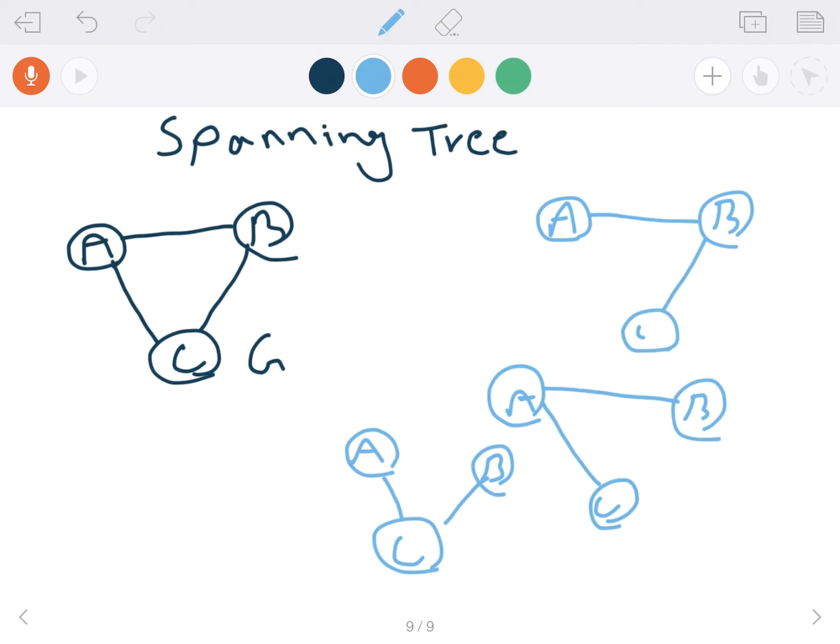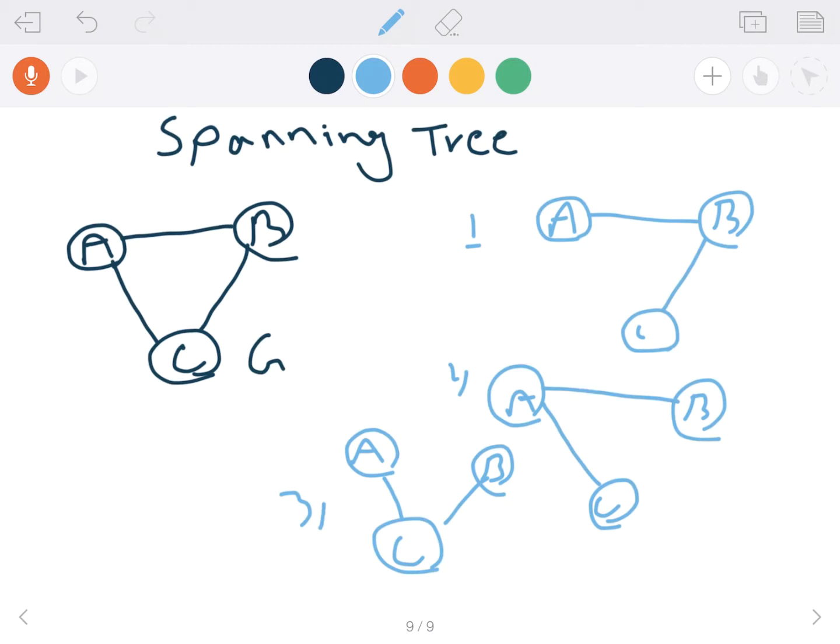As you remember, we said that trees are a special case of graphs, but they don't have any circle, okay? So on the right side, you see three spanning trees, 1, 2, and 3.